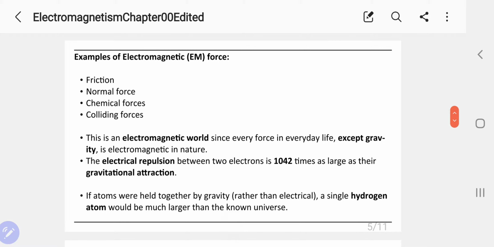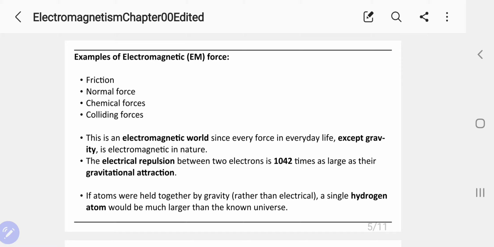Here are examples of electromagnetic force or EM force: friction, normal force, chemical forces, colliding forces. Those are examples of electromagnetic forces. According to people, this is an electromagnetic world since every force in everyday life except gravity is electromagnetic in nature.